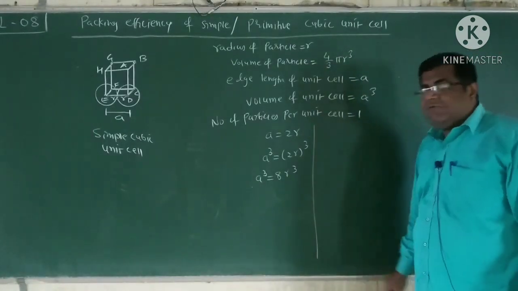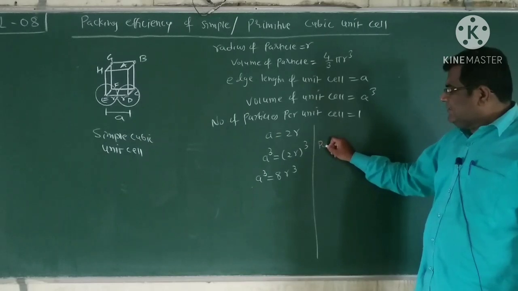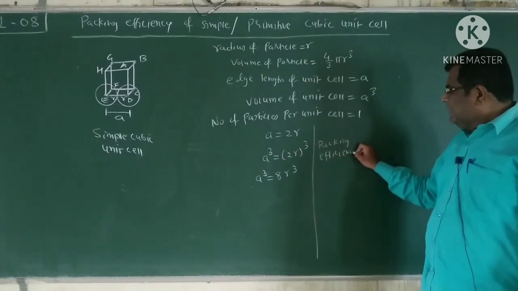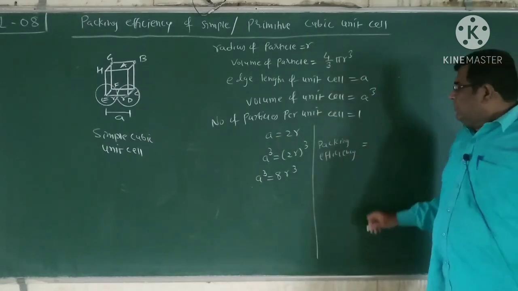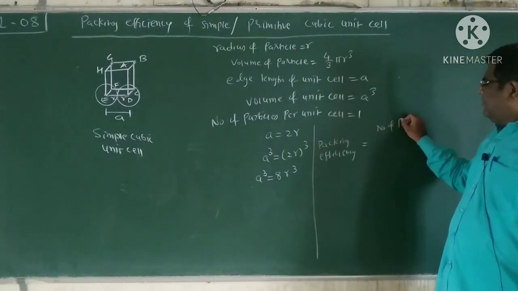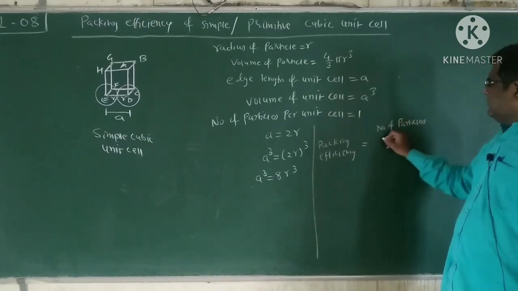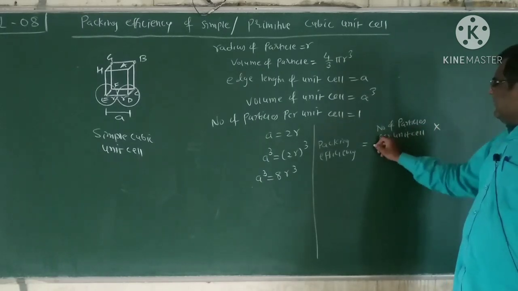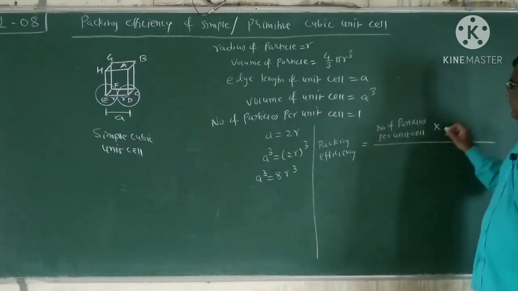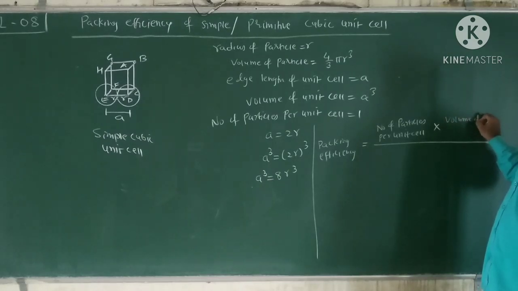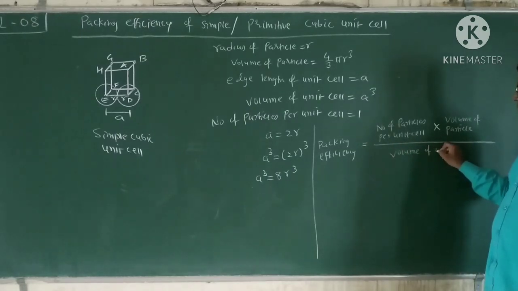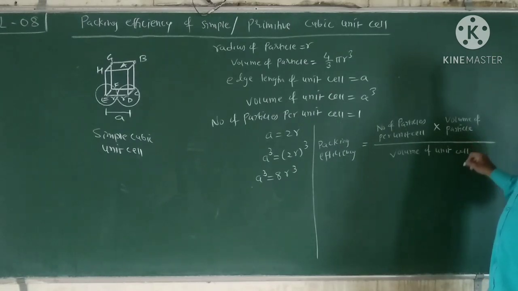Then we have to write the formula of packing efficiency. Packing efficiency is equal to number of particles per unit cell multiplied by volume of particle divided by volume of unit cell.